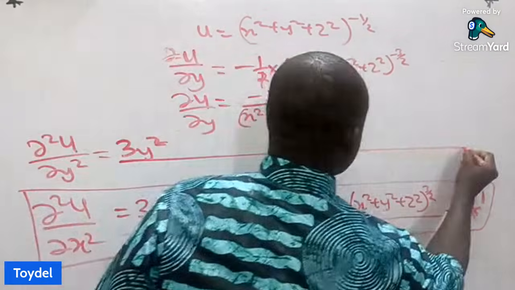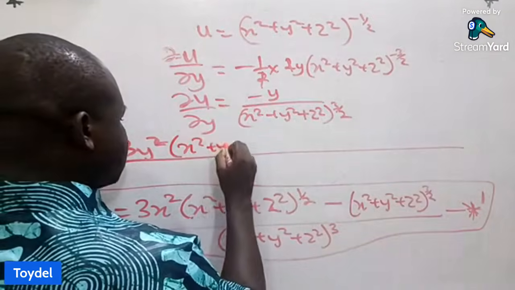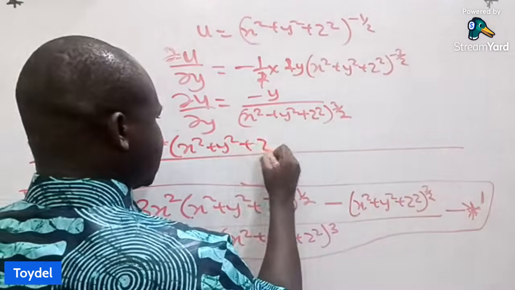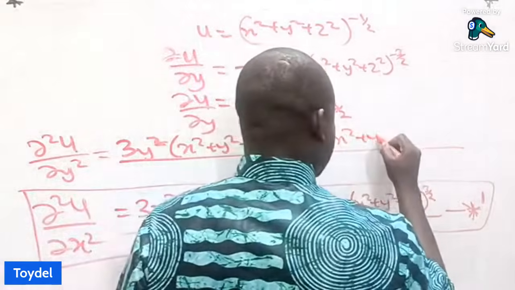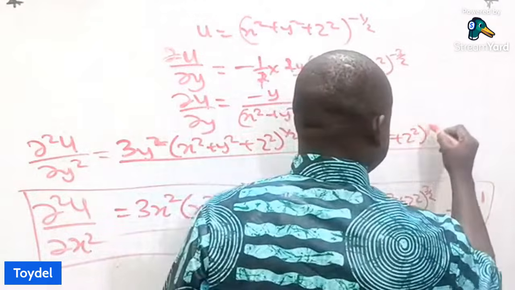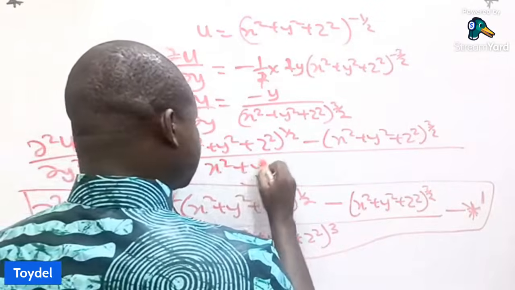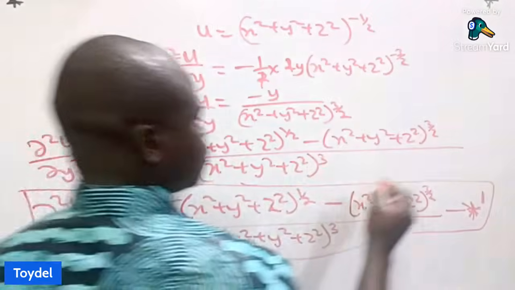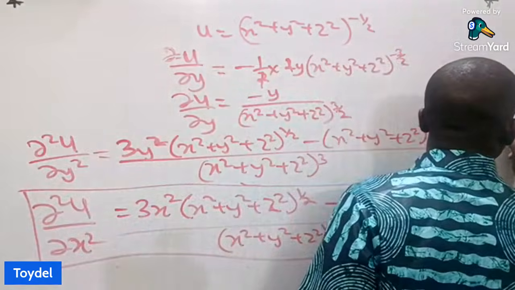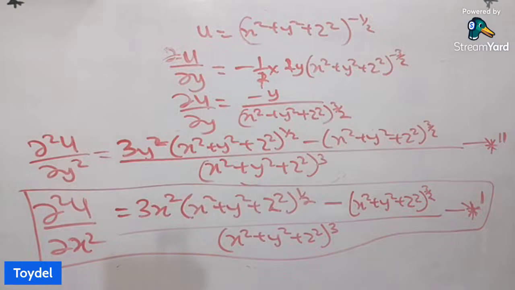So this will be x squared plus y squared plus z squared raised to half minus x squared plus y squared plus z squared raised to 3 over 2, then everything all over x squared plus y squared plus z squared cubed. This will be the value of ∂²u/∂y².